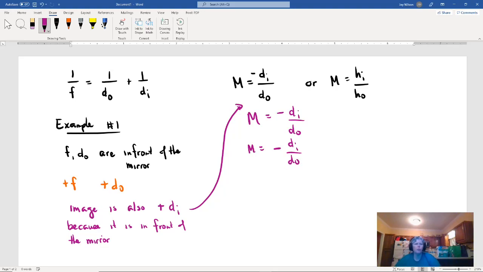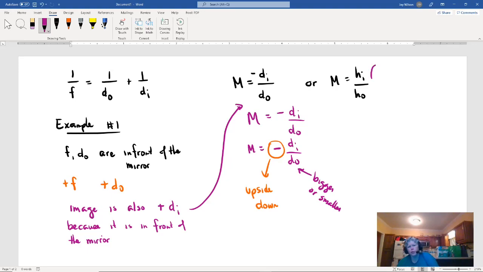What does the negative number tell you? Well, the negative tells you it's upside down. And the fraction tells you the bigger or smaller.